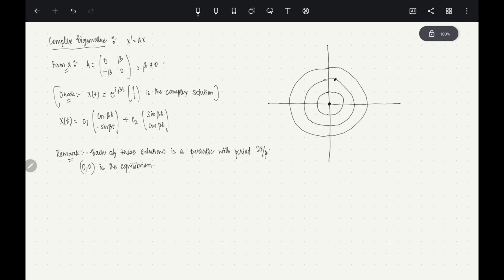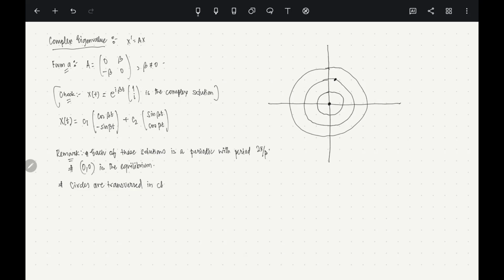Let's put it this way, hash. Let's put the hash. See that the circles are traversed in a clockwise direction, right?